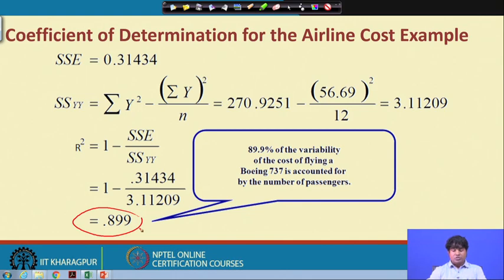So, the interpretation is that 90% of the variability of the cost of flying an airline is accounted for by the number of passengers. That means this is the most important and significant variable which can lead to the determination of airline cost.